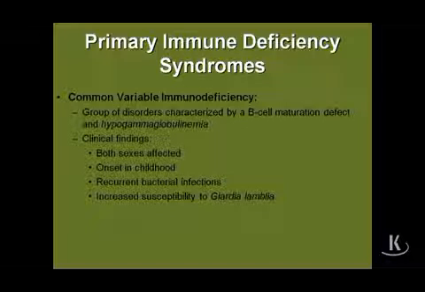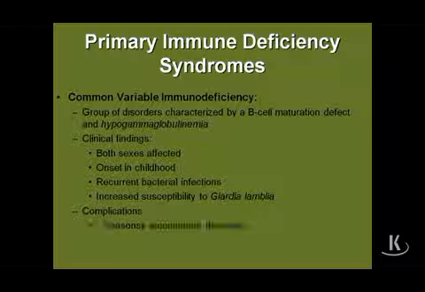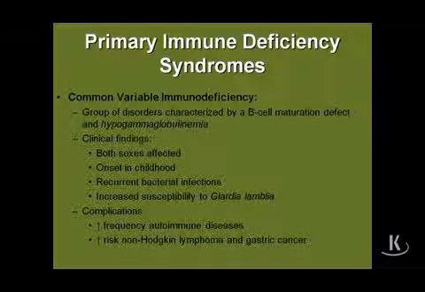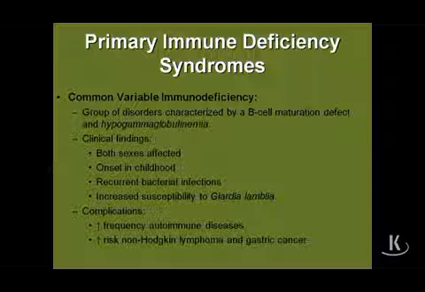They also have increased susceptibility to Giardia lamblia, which would typically be a GI type of problem, enteritis. Complications: it also increases the frequency of autoimmune disease occurring in these individuals that have common variable immunodeficiency. And because there is proliferation of lymphocytes, it can also increase the risk for non-Hodgkin's lymphoma as well as gastric cancer.